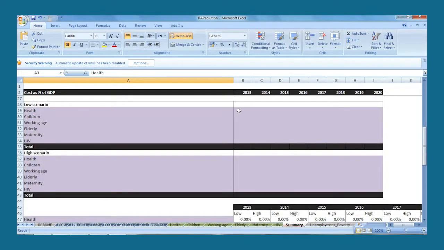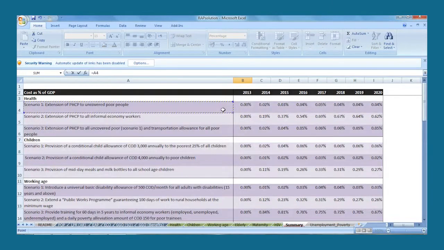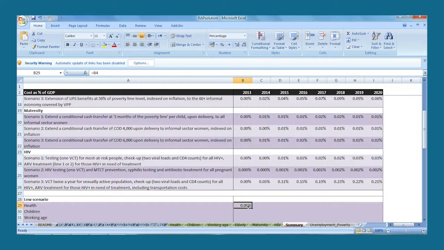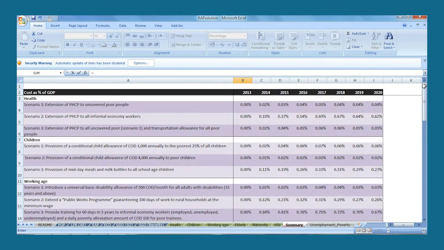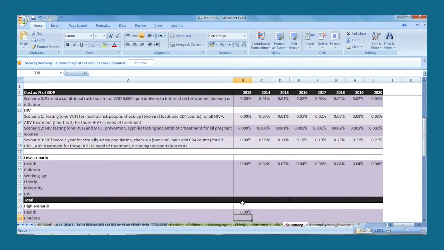Once this is done, we list the low and high scenarios for each guarantee. For healthcare, the low scenario is assumed as Scenario 1. For example, extending PHCP benefits to all uncovered poor people in Croatia. The high scenario is Scenario 2, extending PHCP benefits to all informal economy people in Croatia.